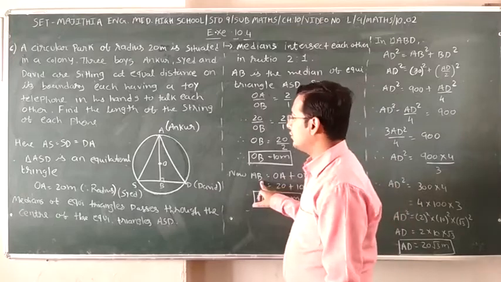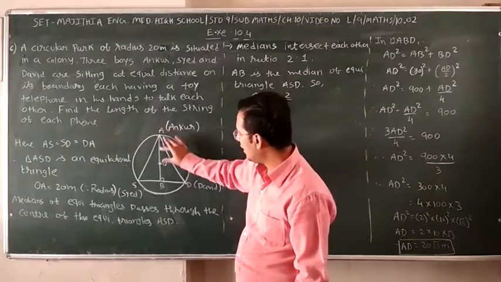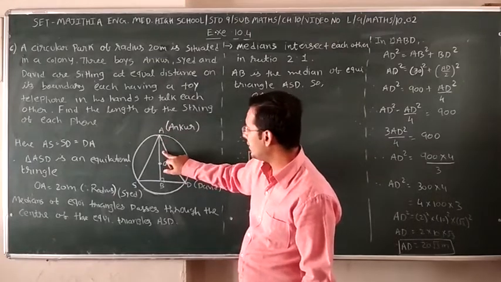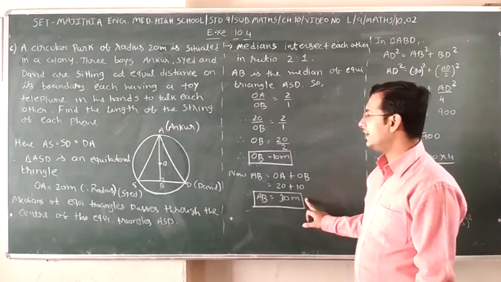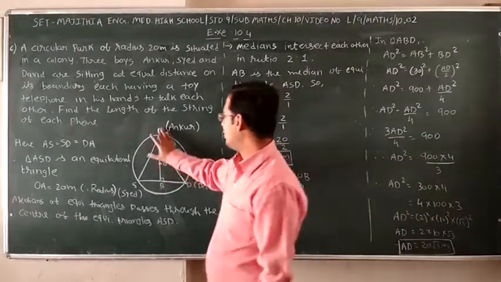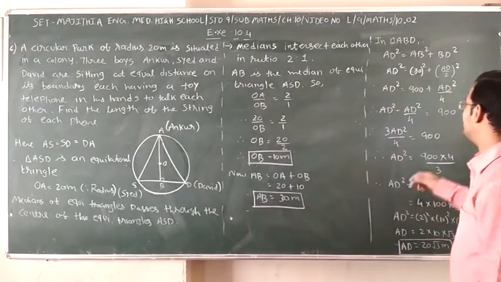So now I want to find AB. AB is equal to what? OA plus OB. We have OA 20, OB 10, summation 30. We get the value of AB. So I want to find AD now.